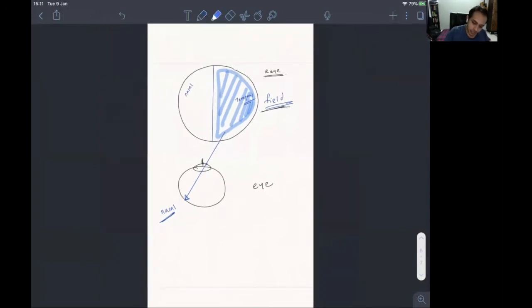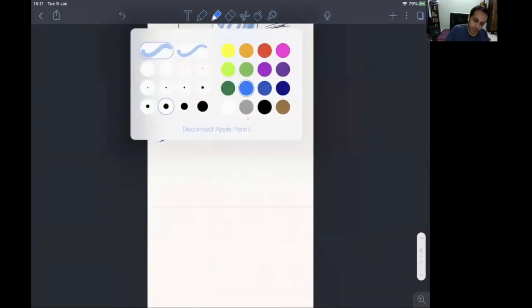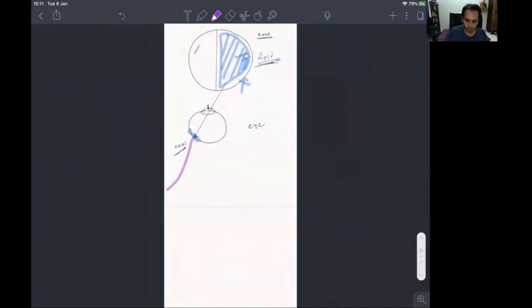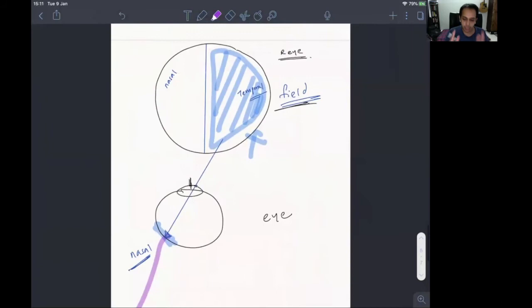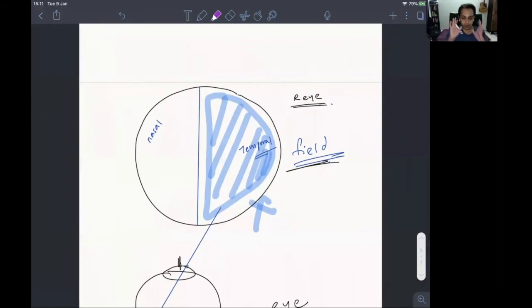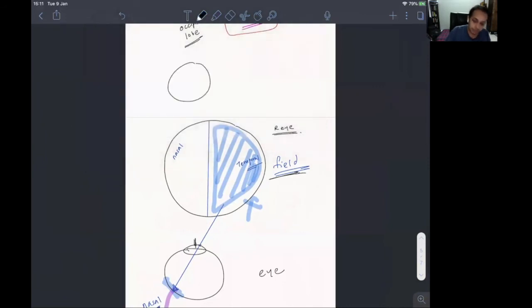So if there is a lesion here, then this will go, or if there is a lesion anywhere further down in the optic nerve. So when we are testing the field of vision, we don't care about anything that is behind. All we want to see is, in the field, where is the lesion?